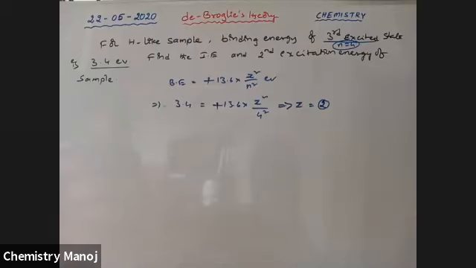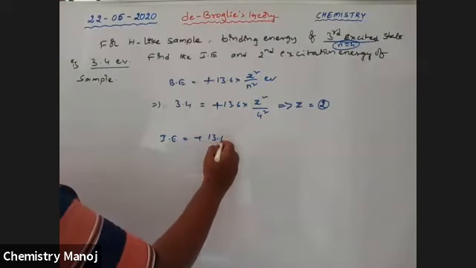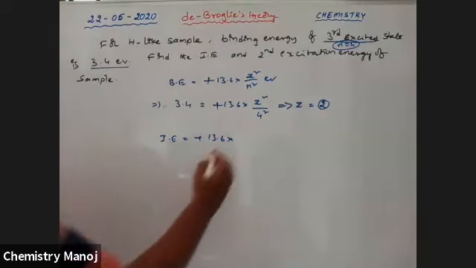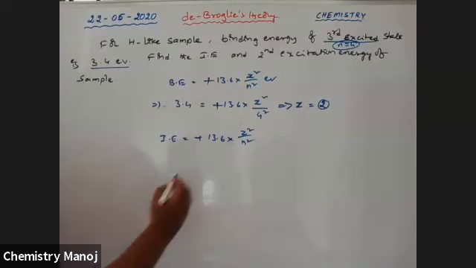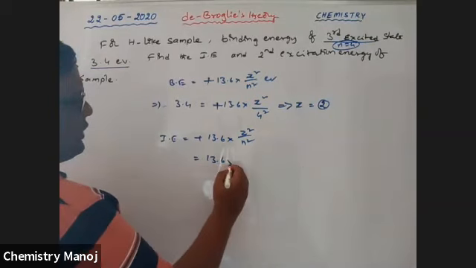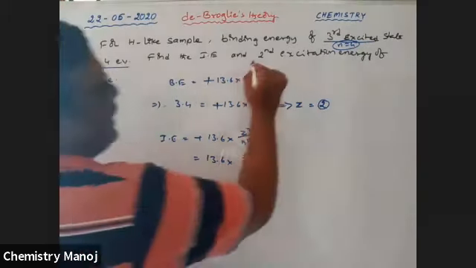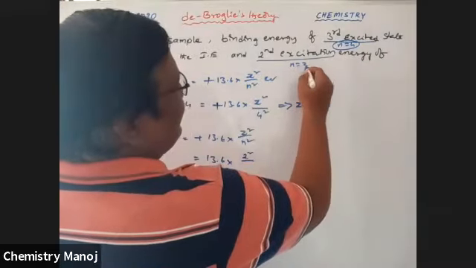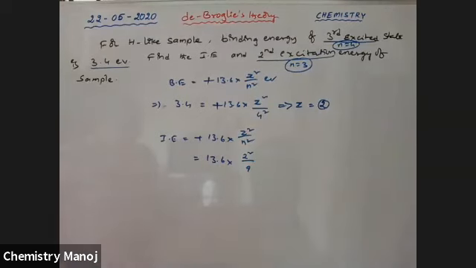By using this Z value, we find the ionization energy, which is 13.6 into Z square by n square. Already I wrote the formula for this.